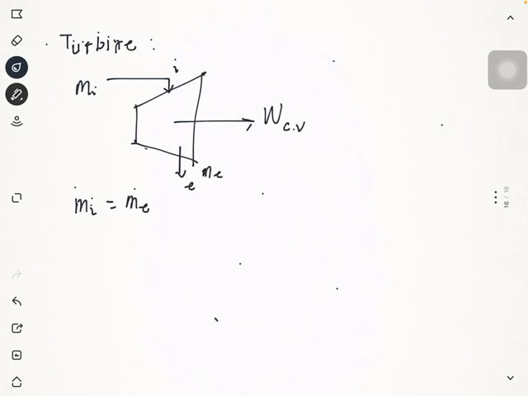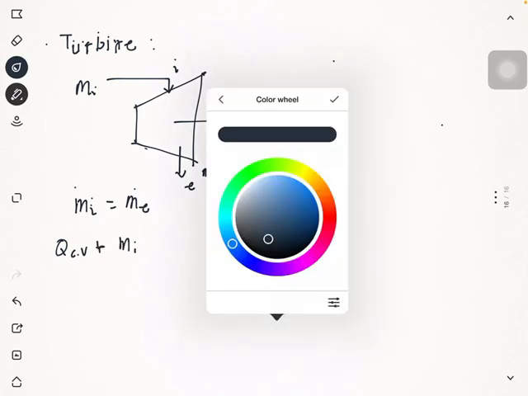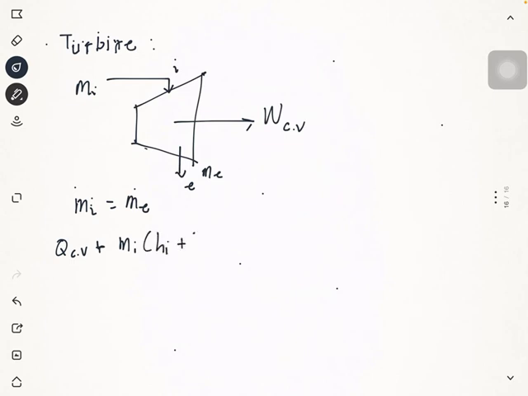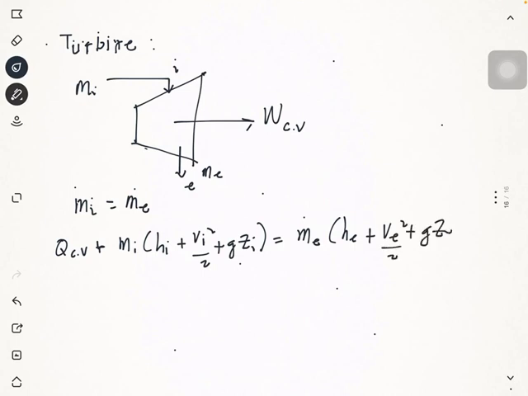So our general equation becomes this one: Q_CV plus m_i times (h_i plus V_i squared over 2 plus g z_i) is equivalent to the mass that is leaving times (h_e plus V_e squared over 2 plus g z_e), plus the work of the control volume that is being generated by the turbine.